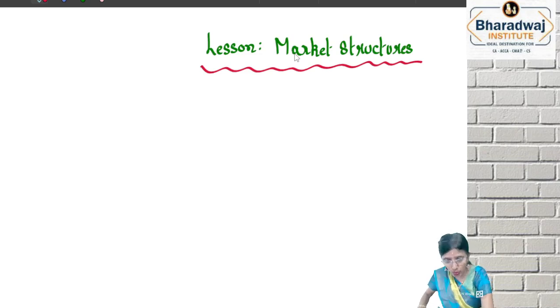Okay, now what I am trying to tell you here is, when you do this market structures topic, separately you have to do market forms based on competition. I always give this exam tip to my students. Two types of questions come from this segment.